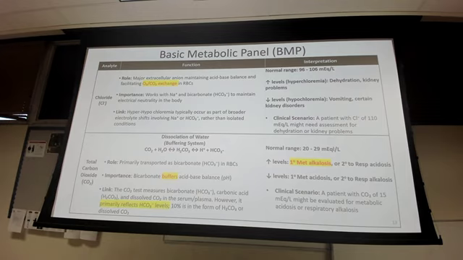You see increased levels of total carbon dioxide in metabolic alkalosis, or secondary to respiratory acidosis. And decreased levels in metabolic acidosis and respiratory alkalosis. We have a slide that's going to break all that down with a mnemonic and everything. But this is an important slide, okay?